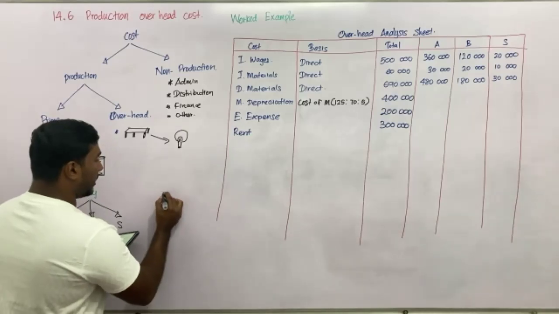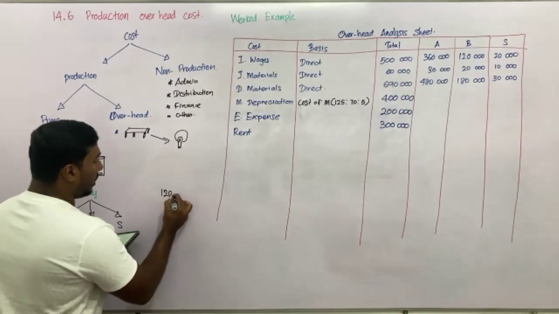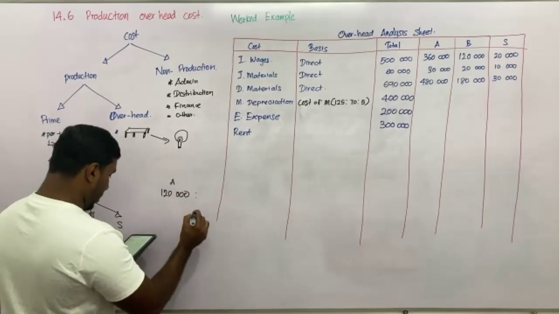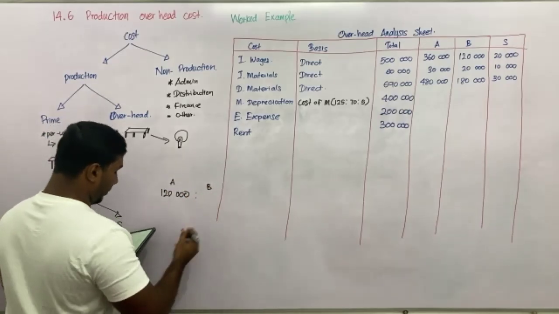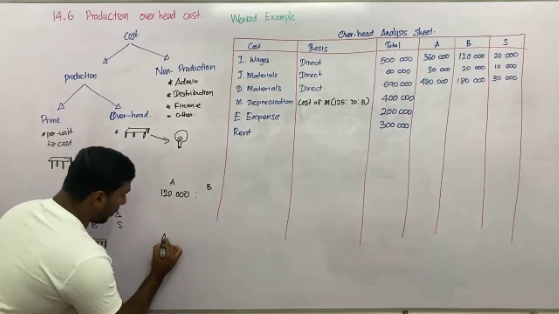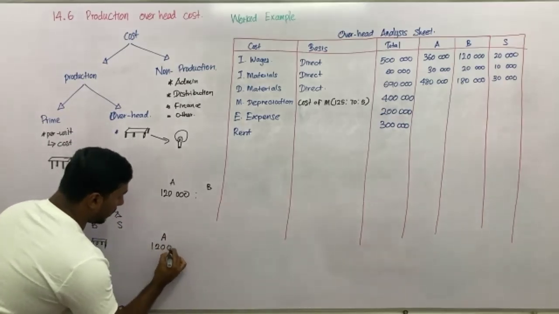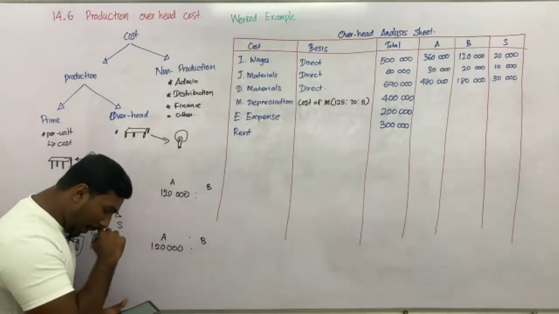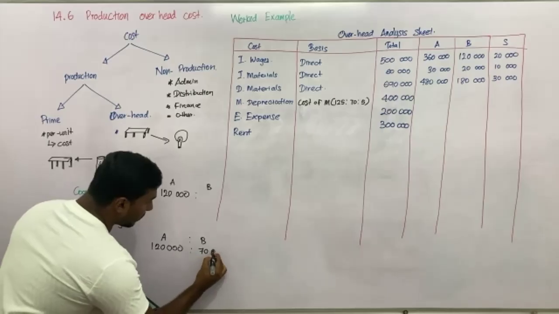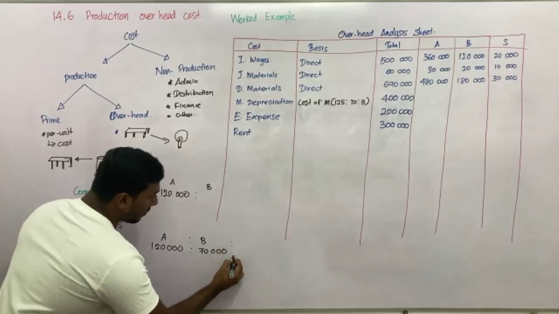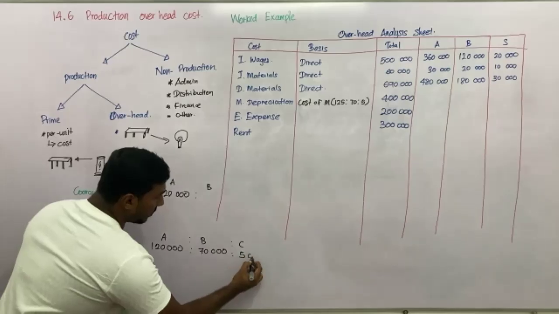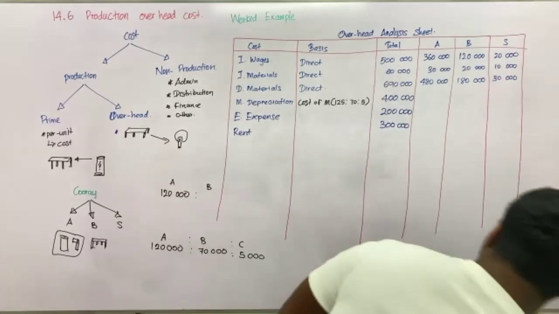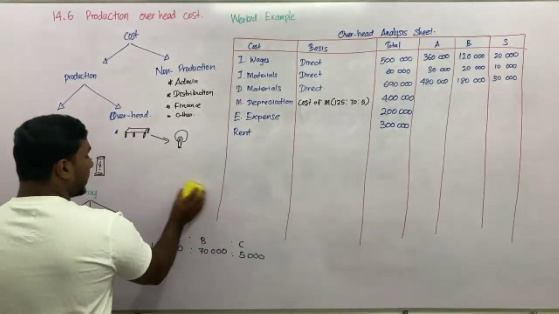So for now, production A is 125,000. For production B, that will be 70,000. For production C, that will be 5,000. Okay. So this will be the appropriation basis. It's given in the question.